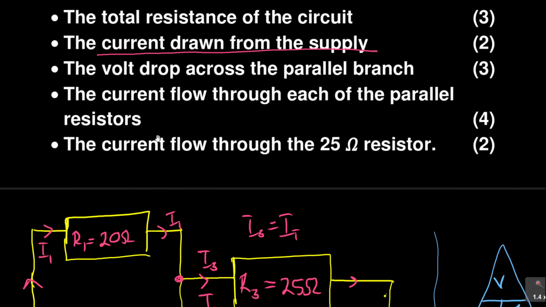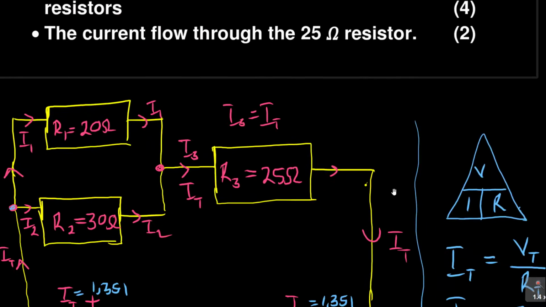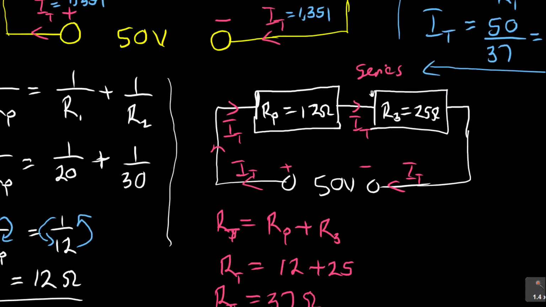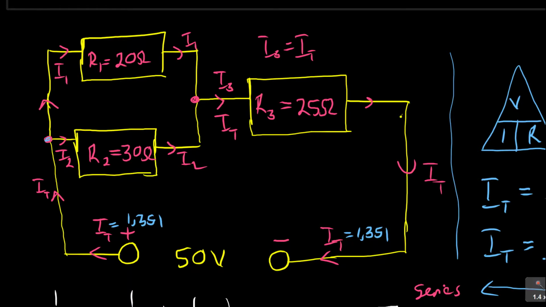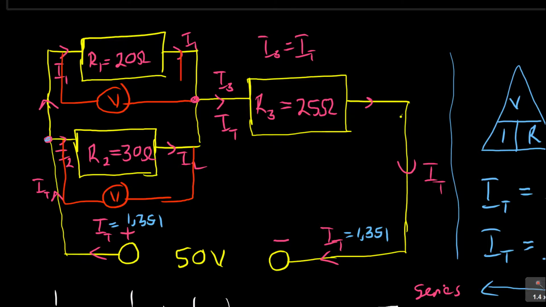The next one says the volt drop across the parallel branch. So now when they are talking about the parallel branch, let's look at this branch that they're talking about here. This is my parallel branch. Now if I'm looking at the volt drop, one thing I want to remind you is, if I want to find the voltage here, and also I want to find the voltage here, remember this is a parallel combination.